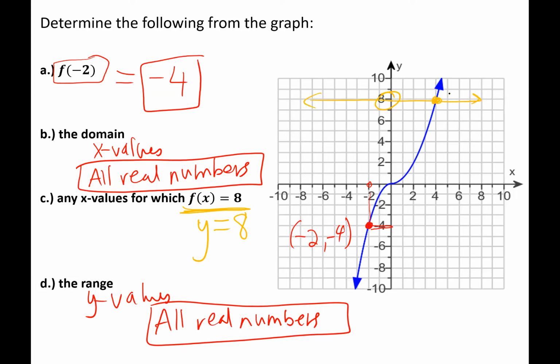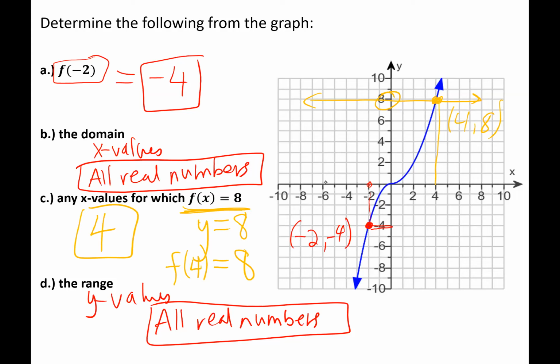It's right here in orange here. And the x coordinate would be 4. So it looks like our point here would be (4, 8), which means the x value, there's only one, is just 4. Okay, one way to say this is f of 4 is equal to 8. When x is 4, y is 8.